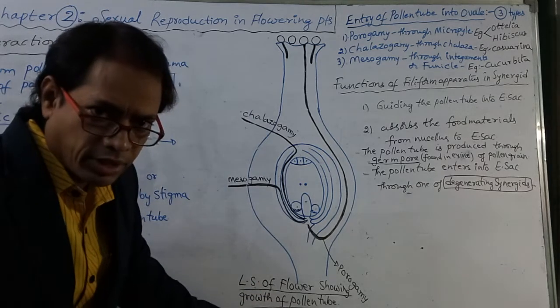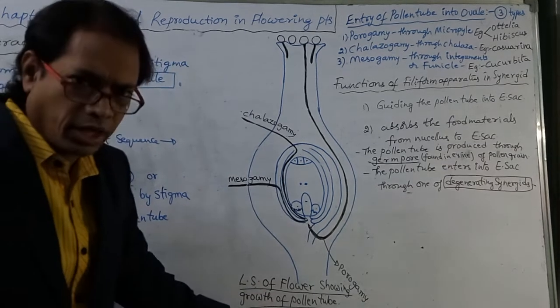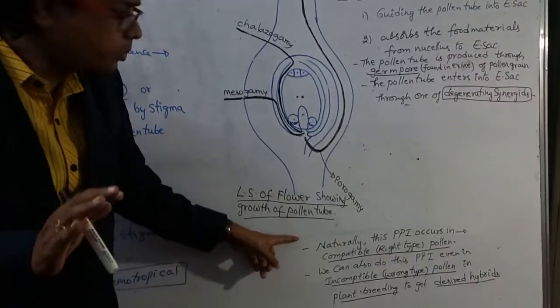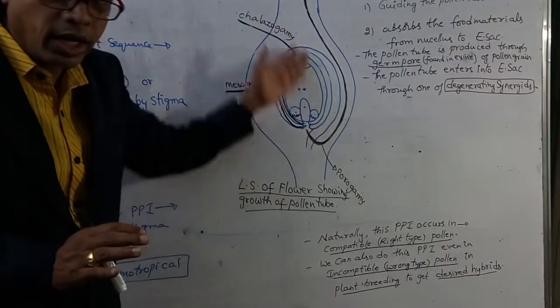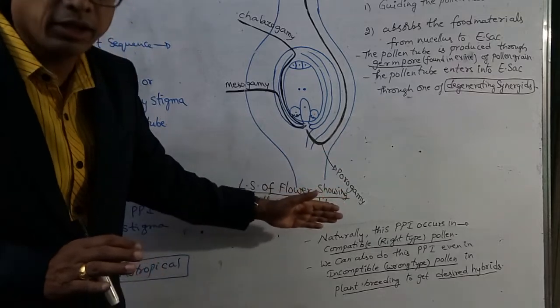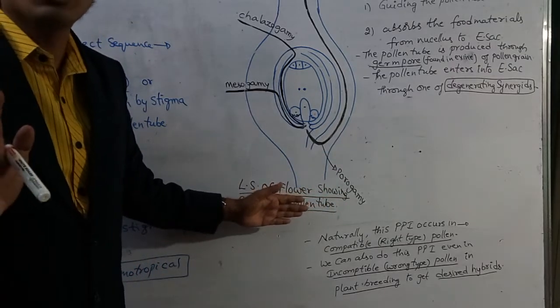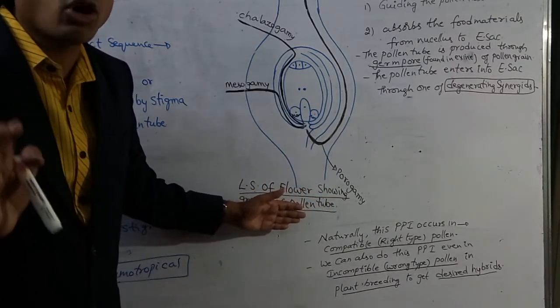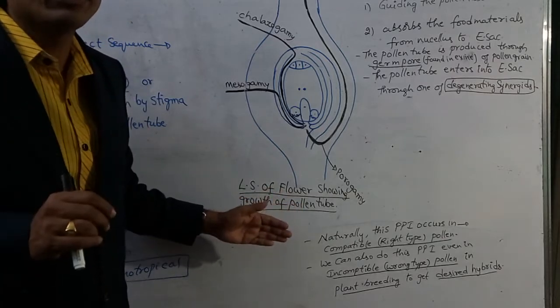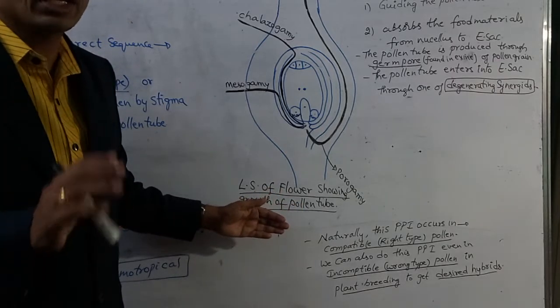Naturally, this pollen pistil interaction occurs in plants. Pollen pistil interaction occurs in compatible type or incompatible type. Compatible type, that is right type.